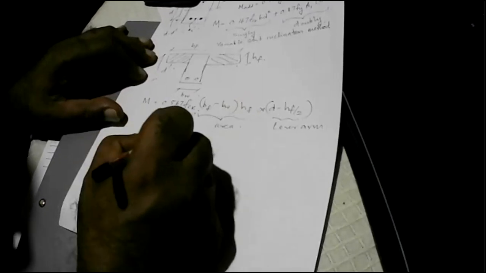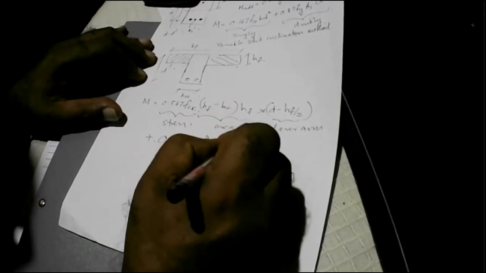Plus the maximum moment carrying capacity of a rectangular section is given by 0.167 FCK B D square. So this is the maximum moment carrying capacity of a flange beam when it is behaving as singly reinforced.